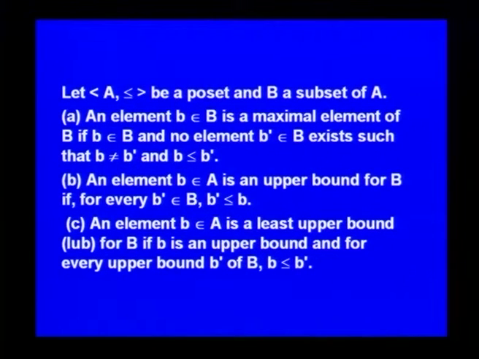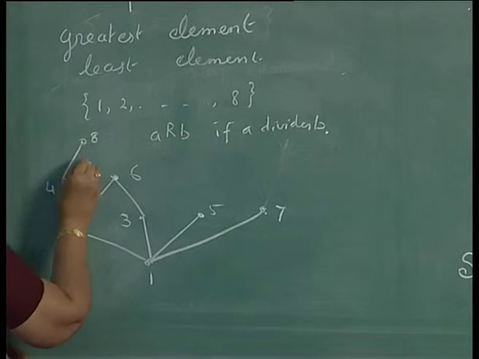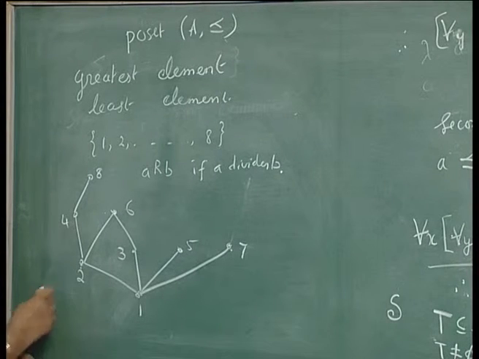There is no other element such like this. Okay. So, this is a maximal element. There may be several maximal elements. Here 8, 6, 5, 7 are all maximal elements. There is no greatest element here.